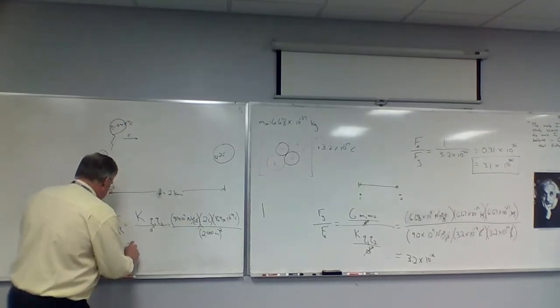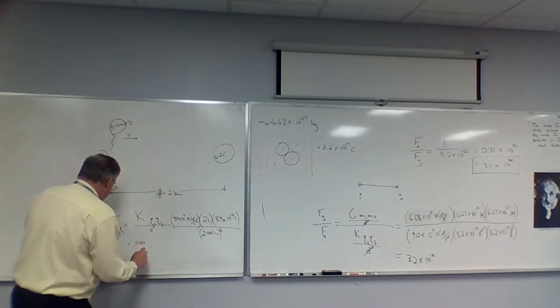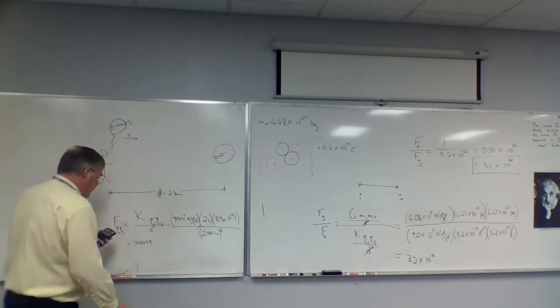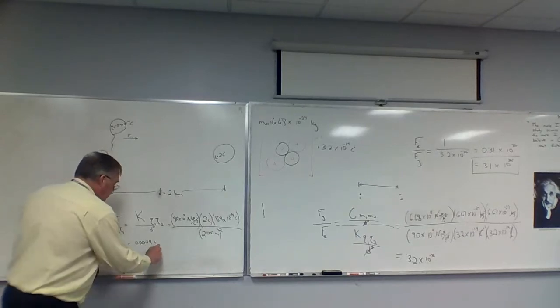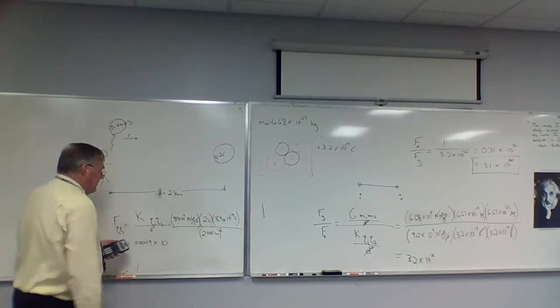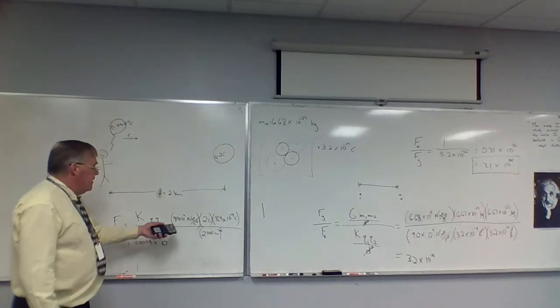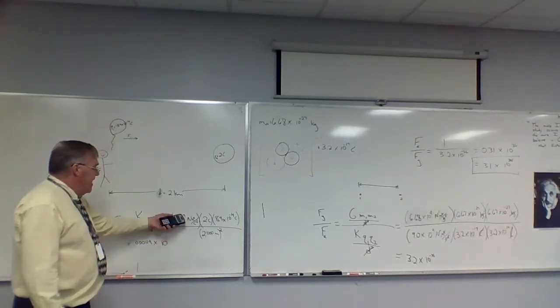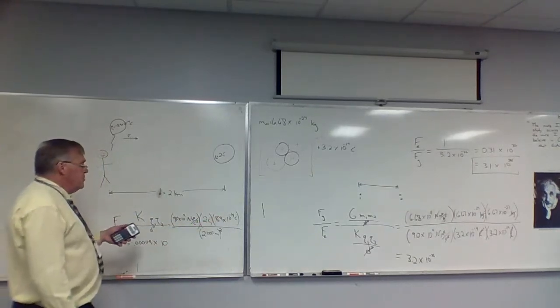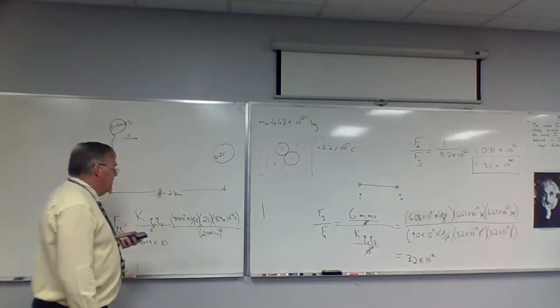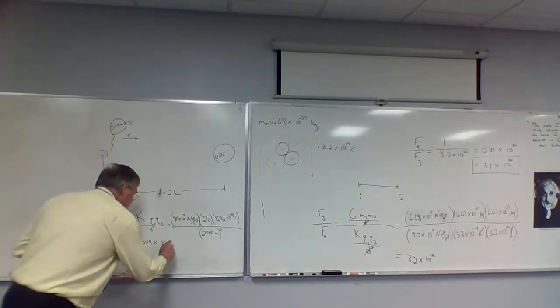It is 0.00004 times 10 to the something. And what is that 10 to the something? That is 9 minus 14, or 10 to the minus 5.